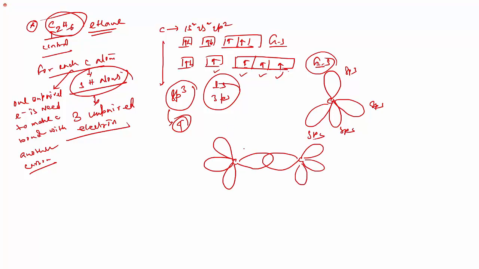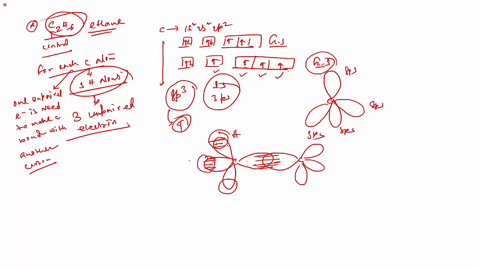So all the orbitals are sp3 hybrid orbitals. For each carbon atom, there are four sp3 hybrid orbitals, but among these four, one sp3 hybrid orbital will make a bond with the sp3 hybrid orbital of the other carbon atom. And the remaining three sp3 hybrid orbitals will make bonds with hydrogen atoms.